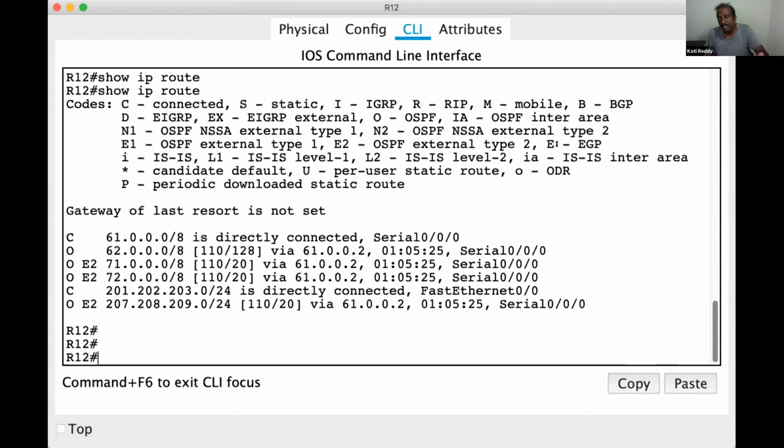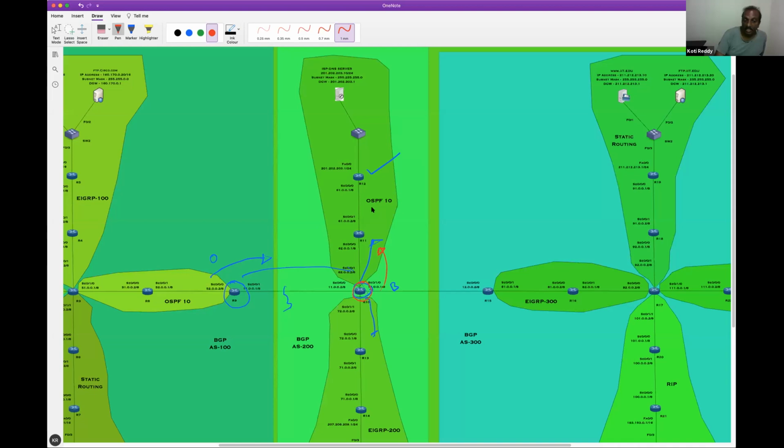I see only the 60, 70, I don't see 20, 30, 40, 50. So what do I do now? I go to the BGP router, which is R10, and ask OSPF to redistribute the BGP routes into OSPF. So I go to R10.